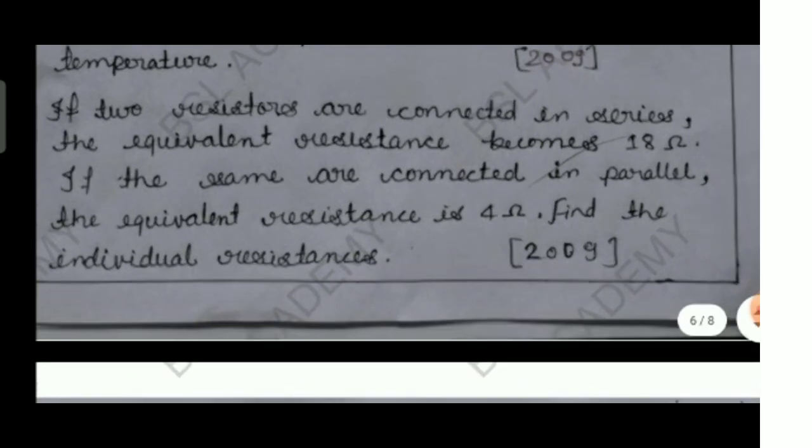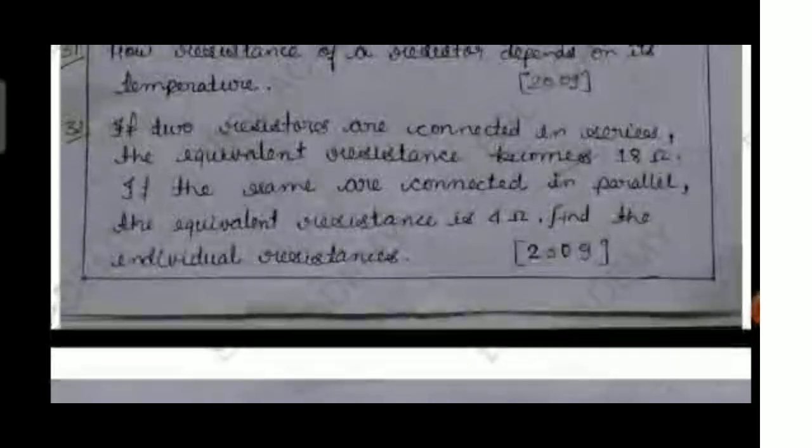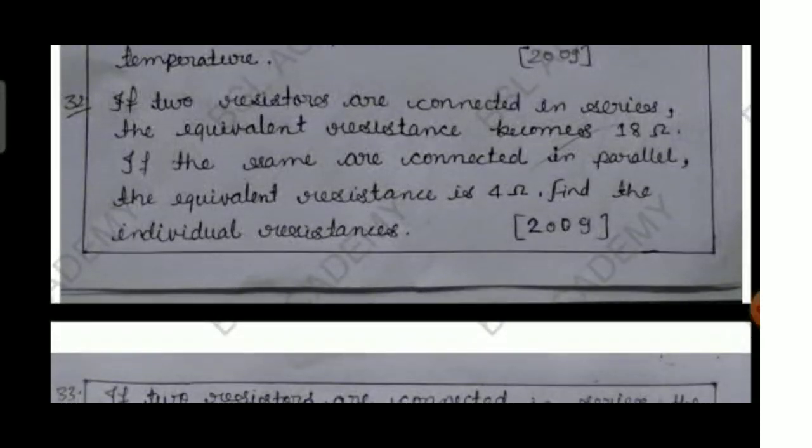Now question number 32. If two resistors are connected in series, the equivalent resistance becomes 18 ohm. So notice the resistors are connected in series, and here their equivalent resistance is given, which is 18 ohm.